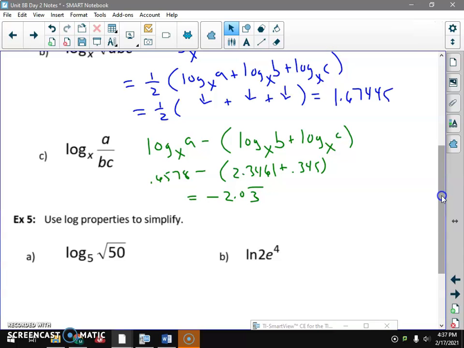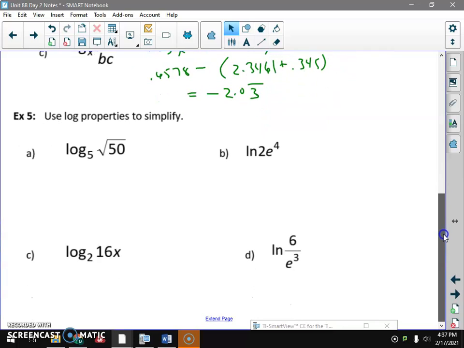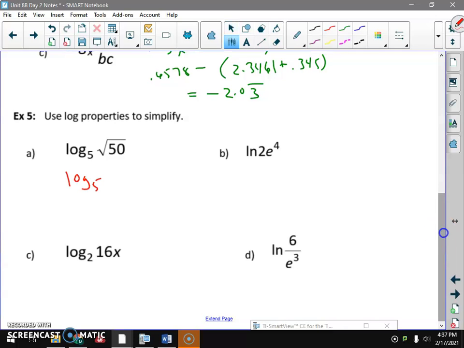All right, about 12.5 minutes. We got about a minute and a half left. We can get these last couple done. Use log properties to simplify. Log base 5 of 50 is also known as log base 5 of 50 to the 1/2, which we can shoot out front.